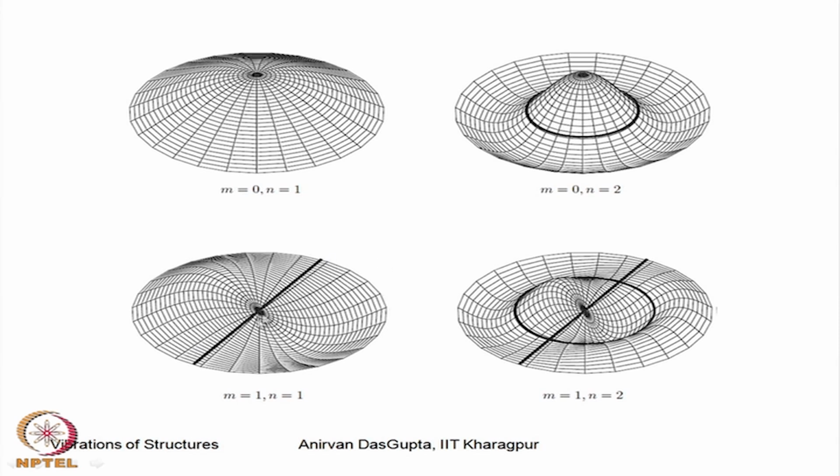You see, the reference line from where phi is measured, that is arbitrary. So, you can put that reference line here, then this is the cosine mode, or if you take this as the reference line, then this becomes a sine mode. Since there is arbitrariness, there is isotropy in the rotational direction of the circular membrane.